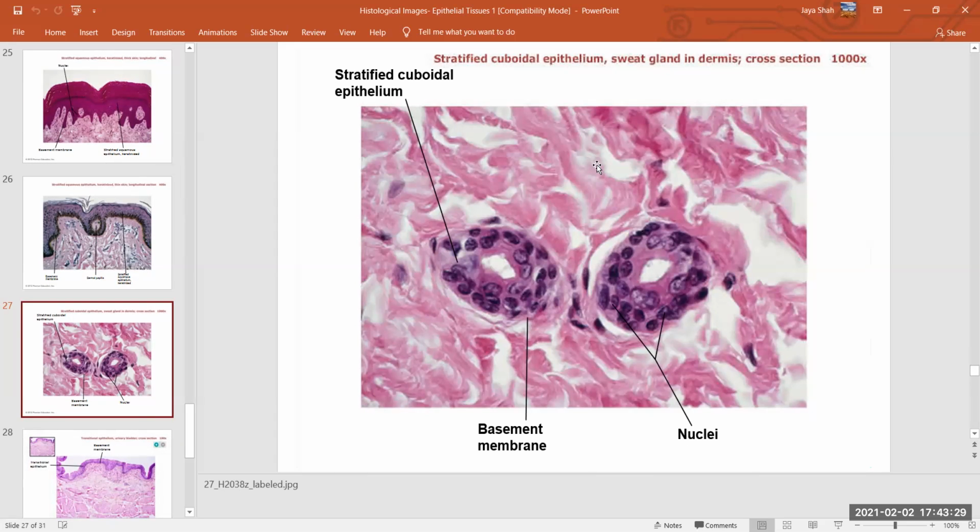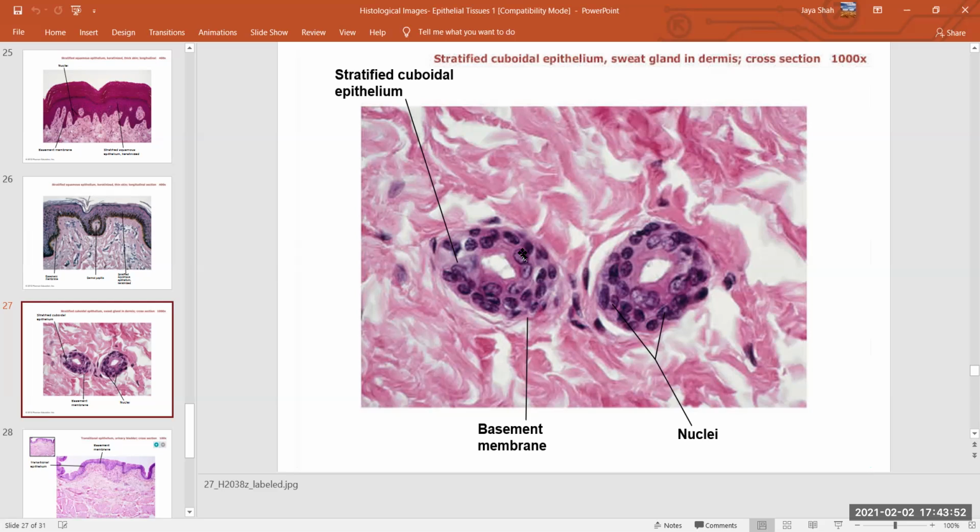Similarly, in the skin, you can see another type of tissue. When you go deep in the skin, you have stratified cuboidal cells in the wall of sweat glands. So you see, this is the lumen of the sweat duct.